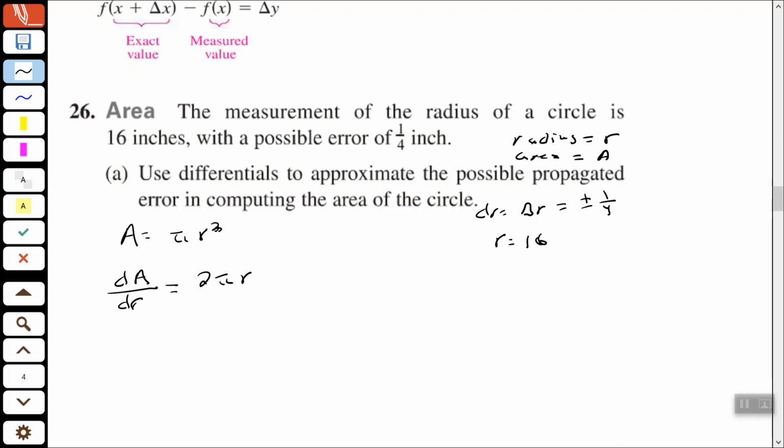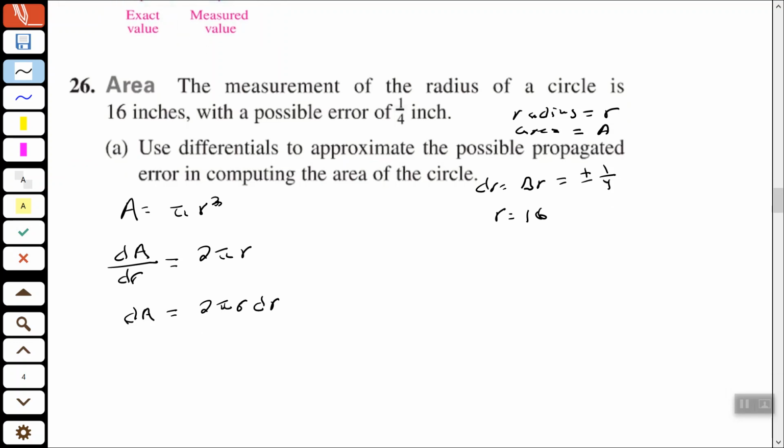Therefore, the differential of A is equal to 2 times pi times radius times the differential of the radius. Okay, so now we can calculate this. We're just using the differential of the area, and we're going to plug in.